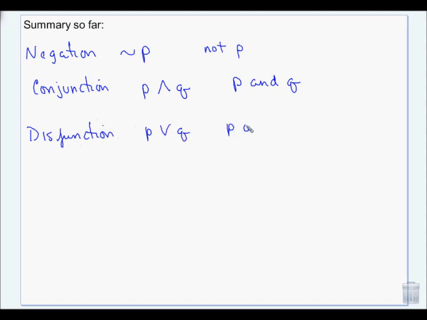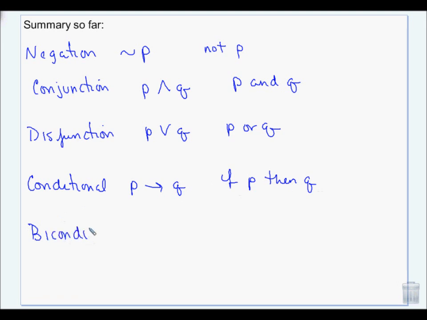P or Q. We have the conditional. That's if P, then Q. And then you have the biconditional. That's P if and only if Q.